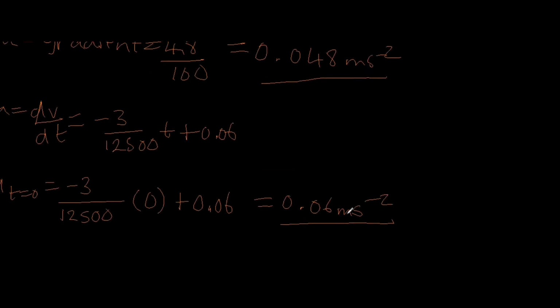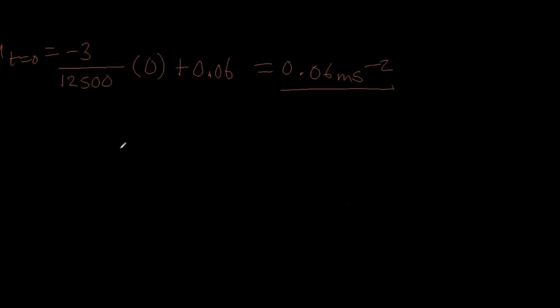If we want to find out by how much this is greater than that, we're simply going to subtract the two. So we say 0.06 minus 0.048, and that's going to give us 0.012.